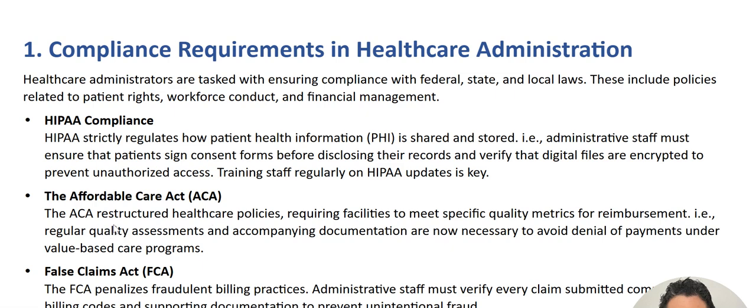The ACA, the Affordable Care Act, structured healthcare policies requiring facilities to meet specific quality metrics for reimbursement. In other words, regular quality assessments and accompanying documentation are now necessary to avoid denial of payments under value-based care programs.